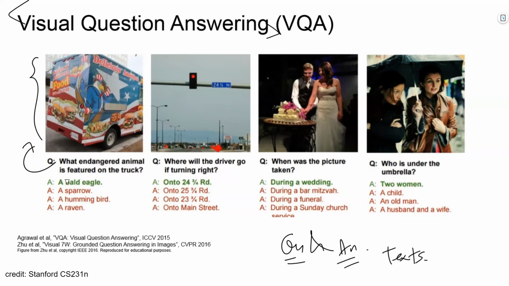Okay. And as in the case of image captioning, this visual question answering task needs to understand both text and image at the same time. Therefore, this task can also be called a multimodal task. All right.